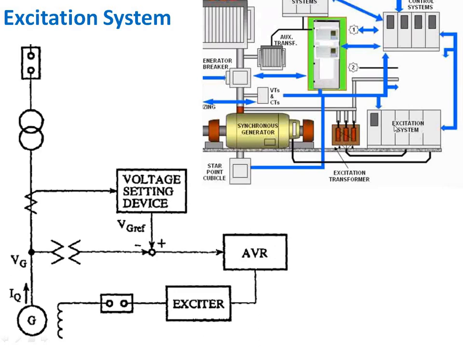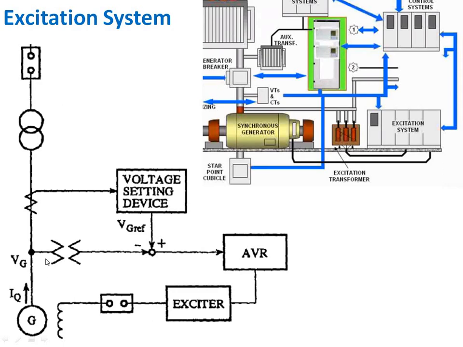And in this excitation system, for controlling this output voltage or this field current, the inputs are sensed from the voltage transformer and the current transformer, and given to the excitation system.